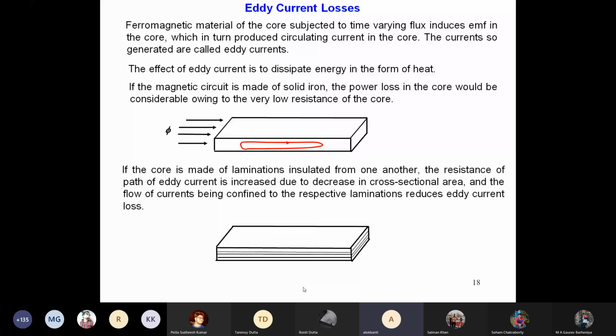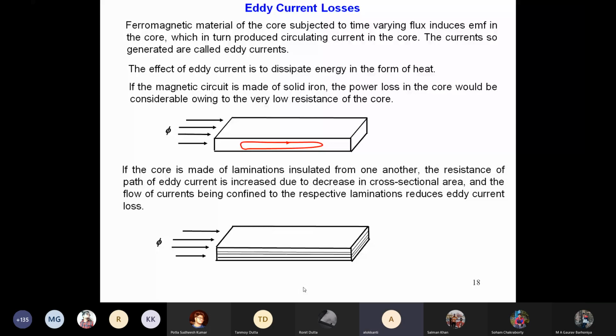That will lead to an increase in resistance, and that will offer resistance to the eddy current path. This is how eddy currents can be reduced, by making the core, the ferromagnetic material, made up of laminations.